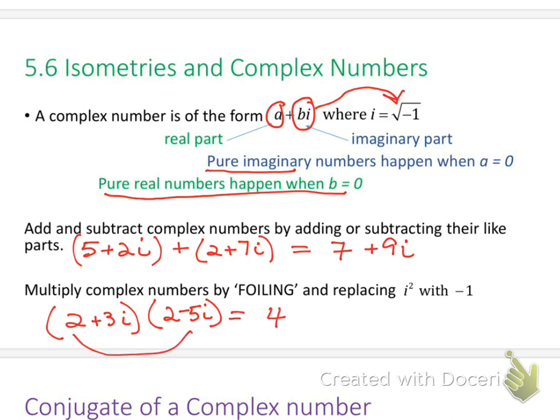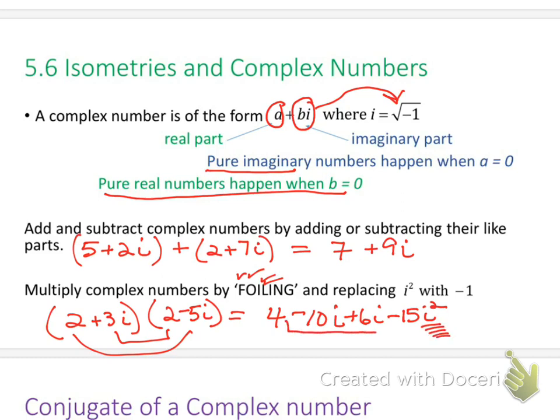The outer is 2 times negative 5, which is negative 10i. Okay, you do combine things when you multiply. The inner is 2 times 3i, which is positive 6i. And the last, so the L in FOIL, is 3i times negative 5i, so that's negative 15i squared. That has to go.